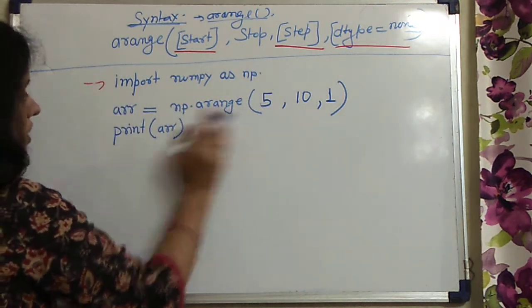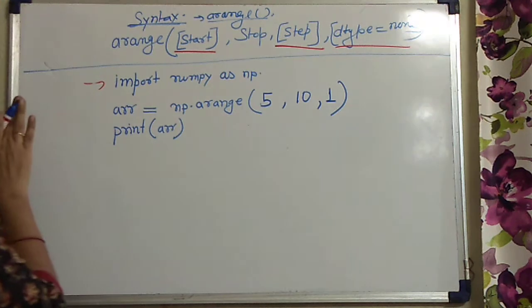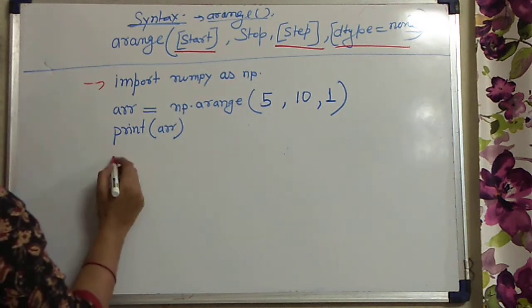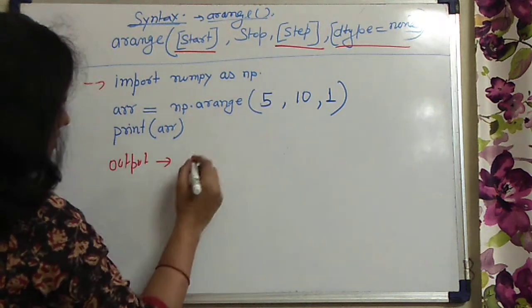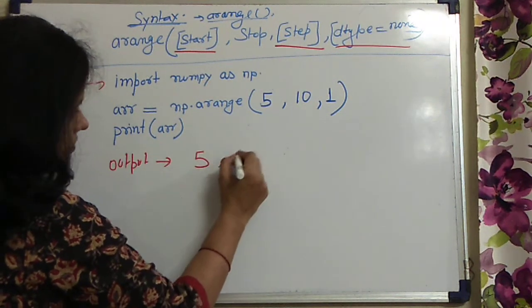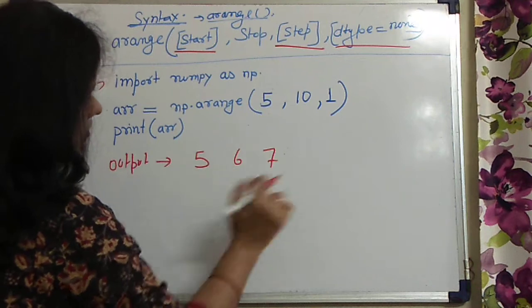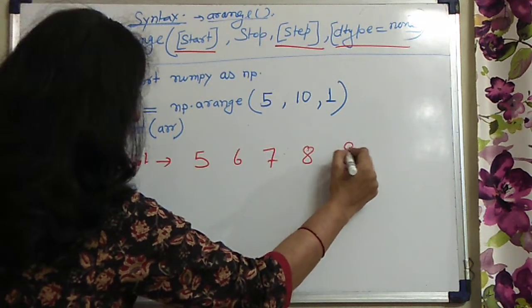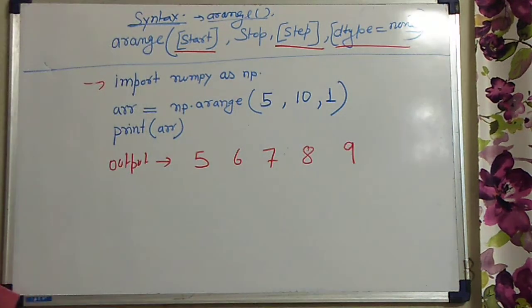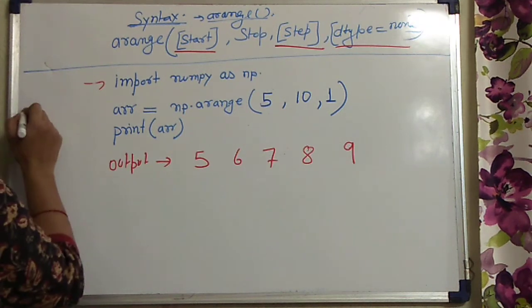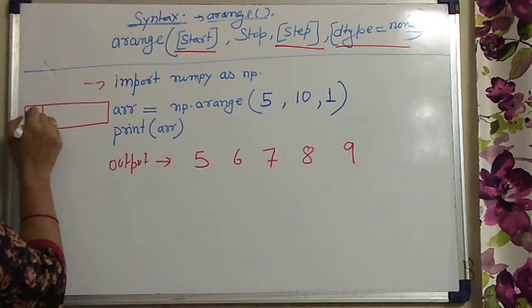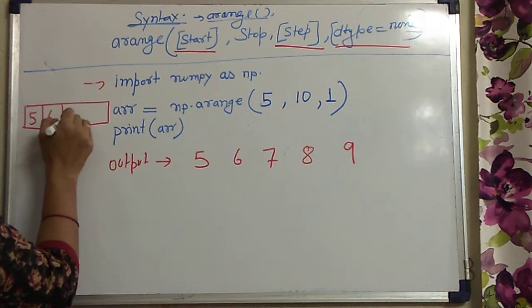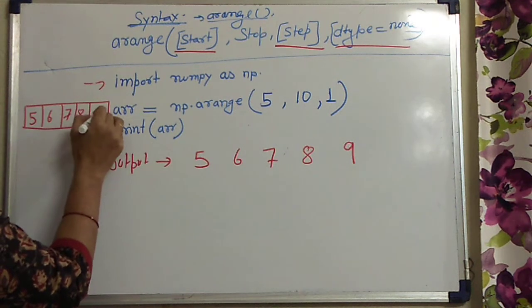So what will the output be? It will start with 5, 6, 7, 8 and 9. Clear? This array will hold 5, 6, 7, 8, 9 in the memory.